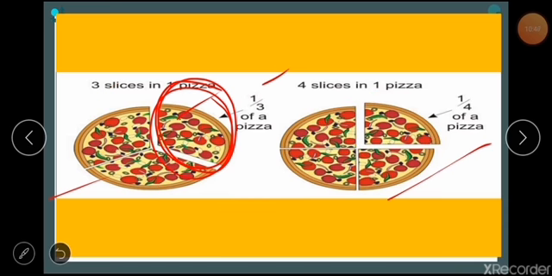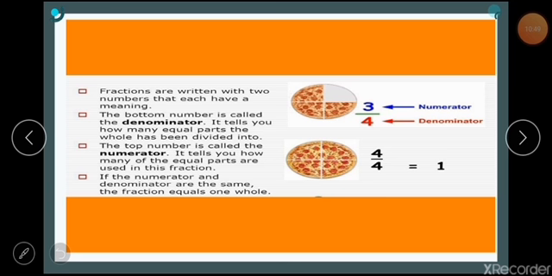Students, hope it is clear to all of you what a fraction is. Fractions are written with two numbers that each have a meaning. The bottom number is called the denominator. It tells you how many equal parts the whole has been divided into, meaning how many equal parts you are dividing the whole quantity into. And the top number is called the numerator.